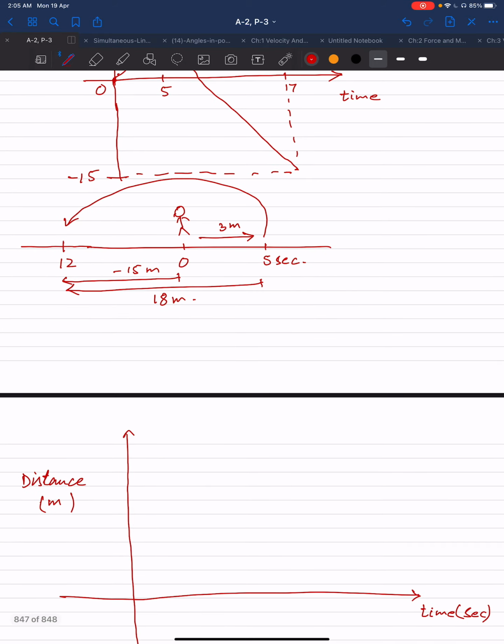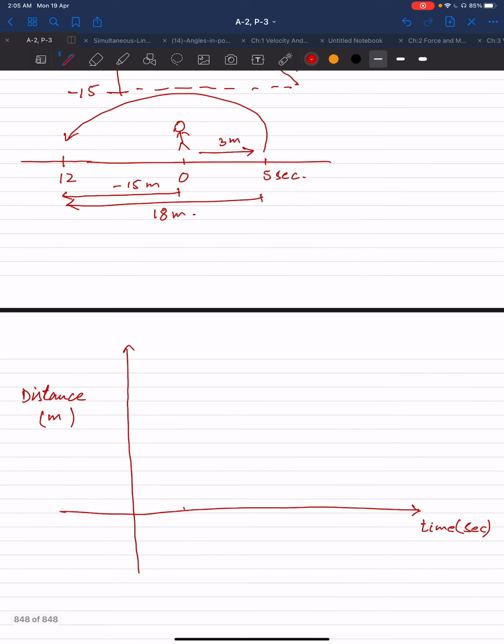So in the first 5 seconds, it achieved 3 meters distance. So it would be like this. And in the further 12 seconds, that means till 17 seconds, the total distance covered is 18 meters.